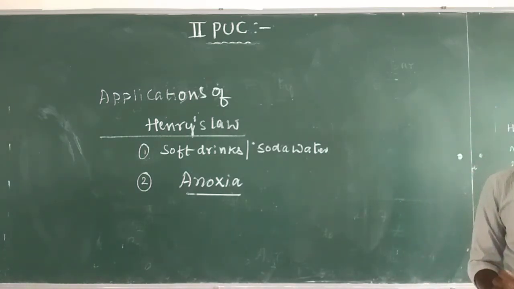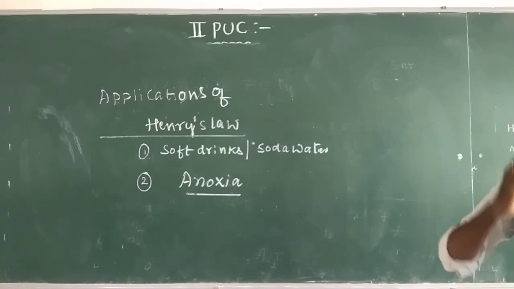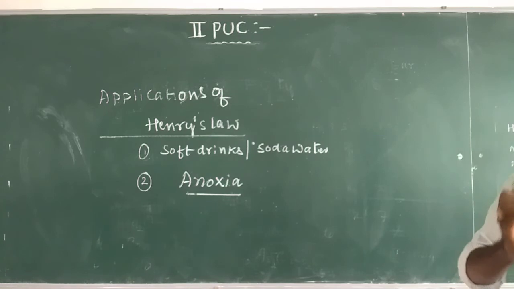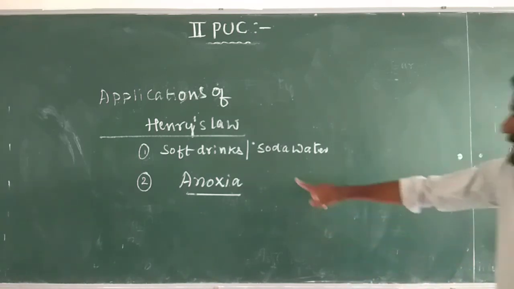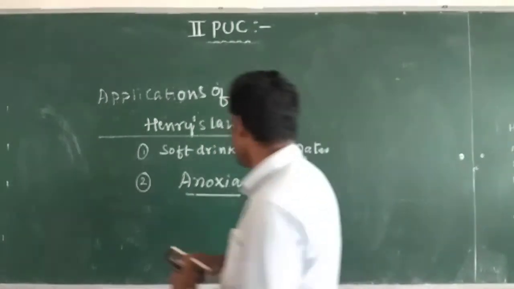As a result, a lower concentration of oxygen is dissolved in the blood or blood vessels of people. Because of that, they are unable to think clearly. Confusion will occur. So that medical condition is called anoxia.